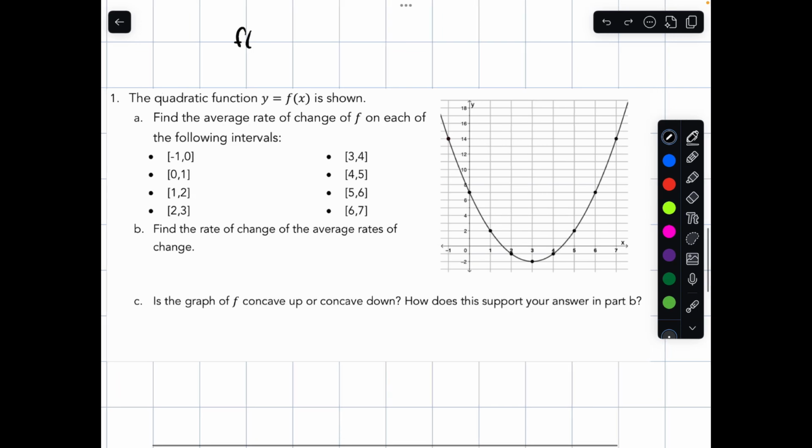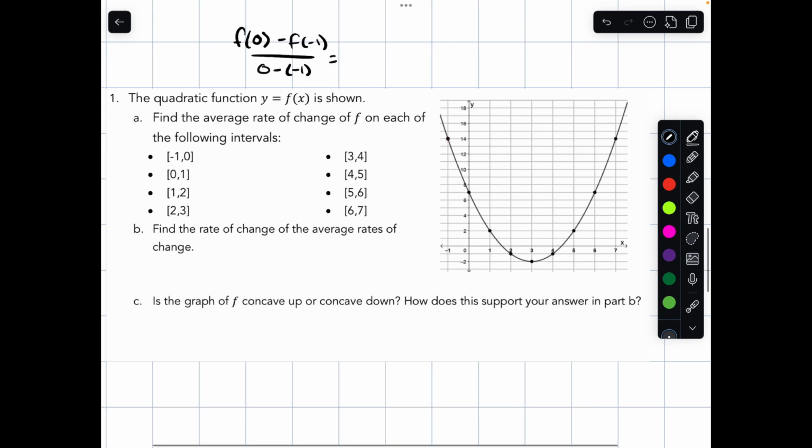I could do f of 0 minus f of negative 1 over 0 minus negative 1. f of 0 is this point, so that looks like 7 to me. So 7 minus 14, and then over 1. So I'm going to get negative 7 over 1.